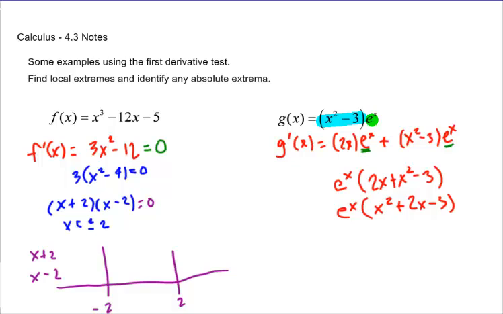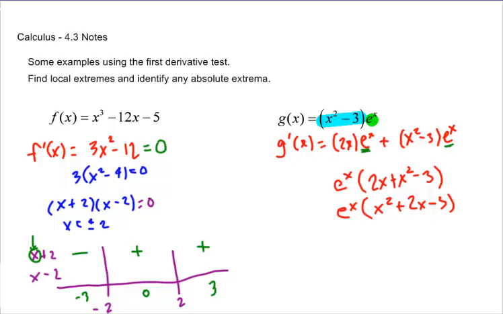What we're going to do is just pick a number from each of these sections of our number line, basically. And we don't care what the number is, we just care about the sign, whether it's positive or negative. So when I take negative 3 and plug it in for x, I'm going to get a negative number. When I take 0 and plug it in for x, I'm going to get a positive number. And when I take 3 and plug it in for x, I get a positive number.